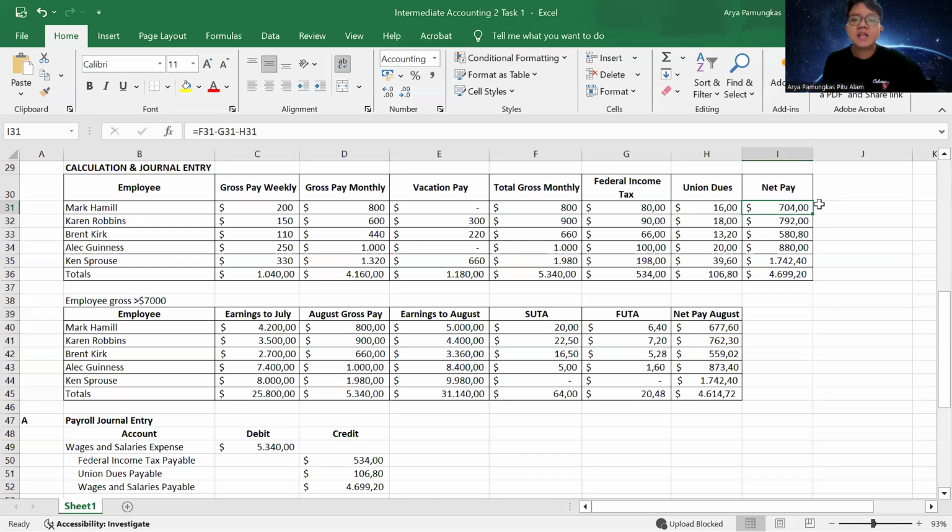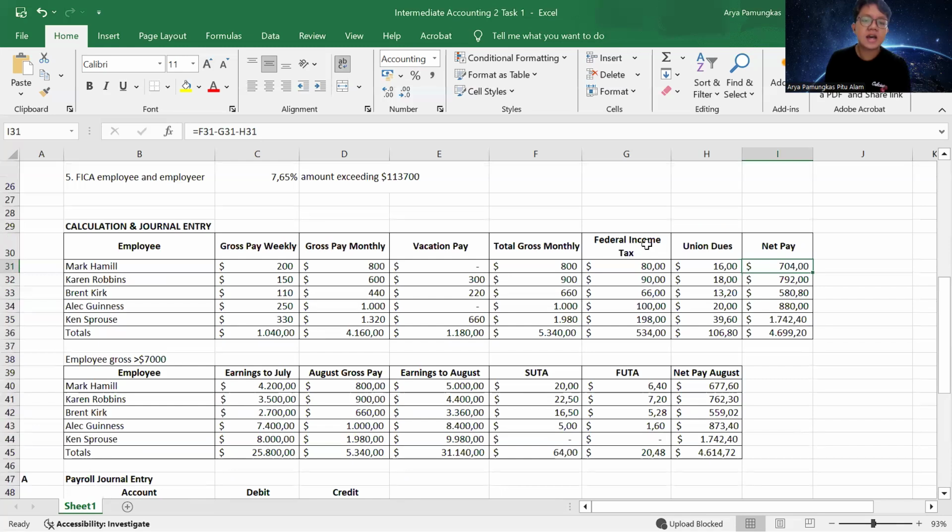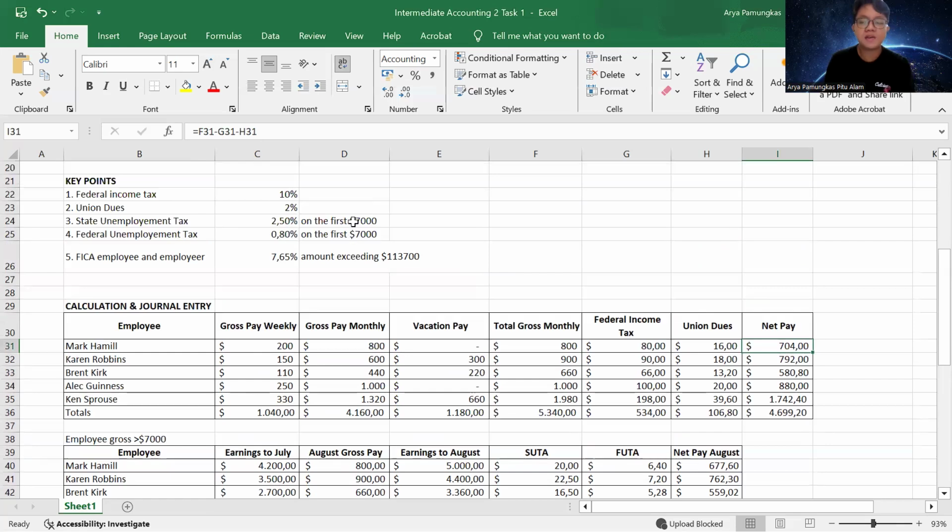So for Mark Hamill, it is going to be $704, for Karen Robin $792, for Brent $580.8, for Alec Guinness $880, and lastly for Ken Sprouse $1,742.4.